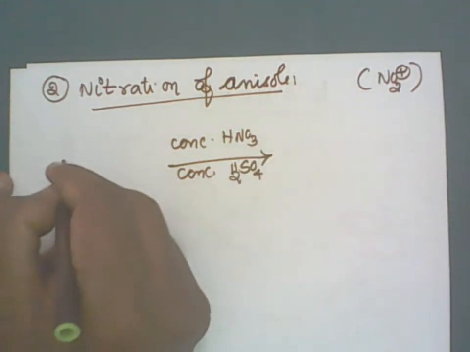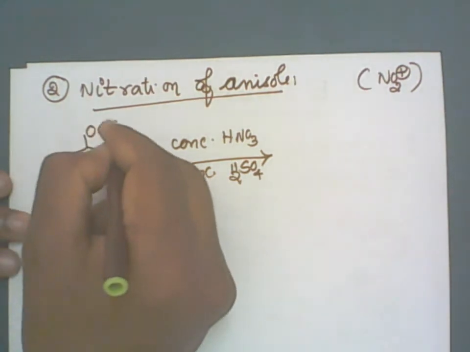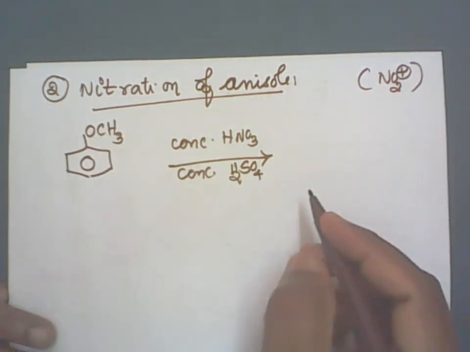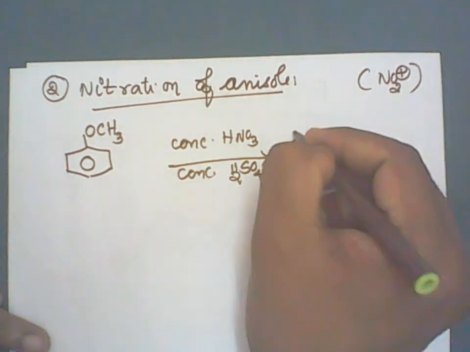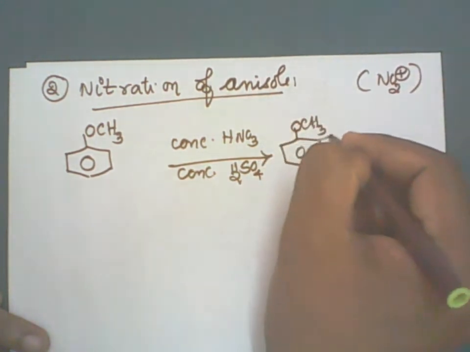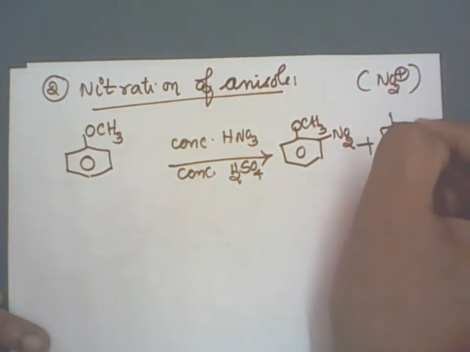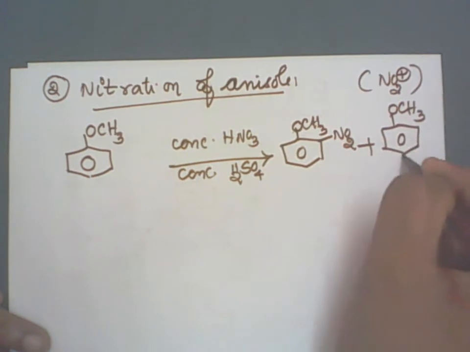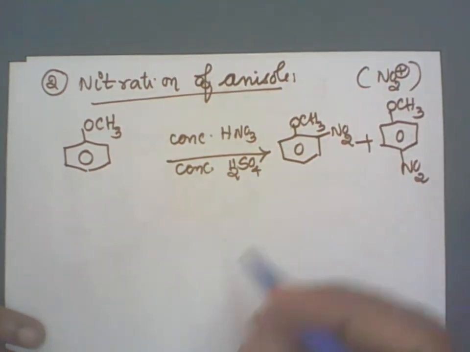Okay, clear? So let me write the benzene ring attached to the OCH3. Here also we get two products, the ortho product and the para product. We'll write down the ortho product first: OCH3 with an NO2 group at the ortho position, and we'll also get a para product, with OCH3 and the NO2 group at the para position. Now we'll write down the product names.